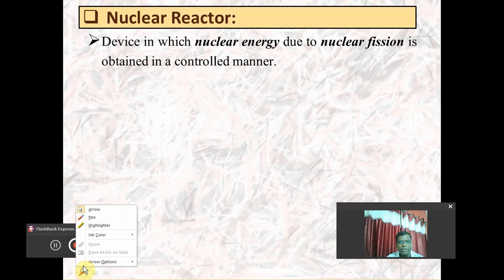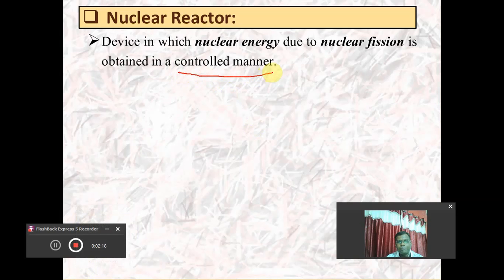If any nuclear reaction is not carried out in a controlled manner, then the same nuclear reaction can be very dangerous. In the last part we discussed that the nuclear reaction is a chain reaction, because the neutrons obtained in one fission are responsible for the fission of other nuclei, and that's why their number must be controlled.